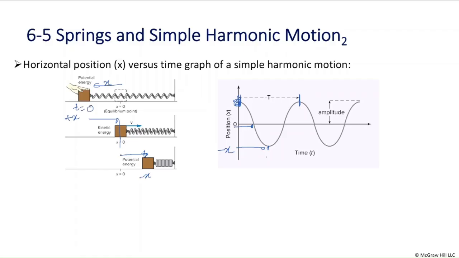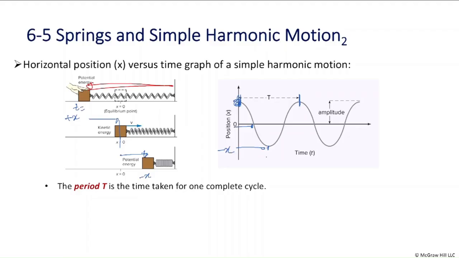So now let's consider some important definitions from this motion. As we said, the period T is the time taken for completing one cycle. That means for the mass to return to the same position and direction of motion. Next, we define the frequency of this motion.